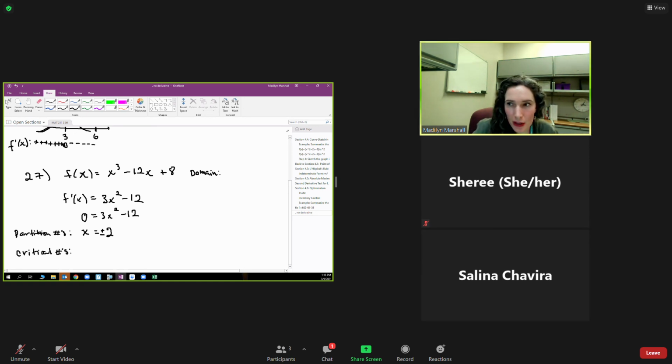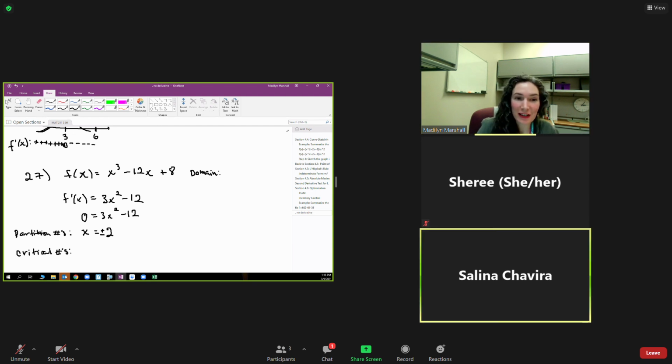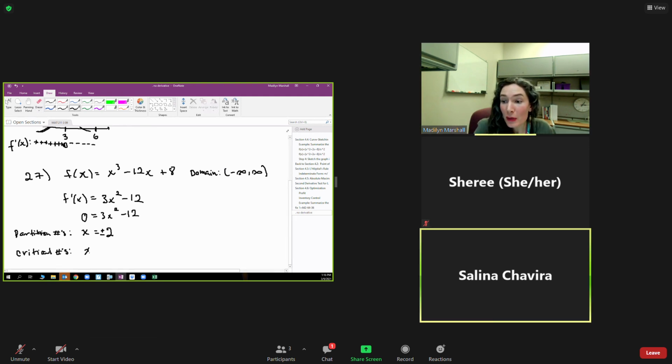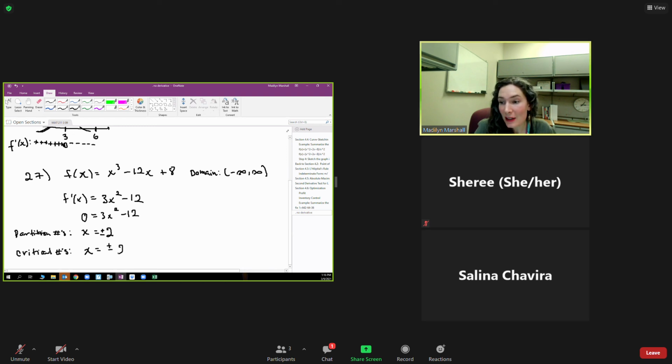Are there any numbers that we can't put in that function because it would make something undefined? No. Right, exactly. So the domain is actually all real numbers because there's nothing that can't go in that function. There's no denominator, there's no square roots. Everything is safe to plug in. Okay. So the critical numbers are, in this case, those same numbers because the partition numbers are in the domain.